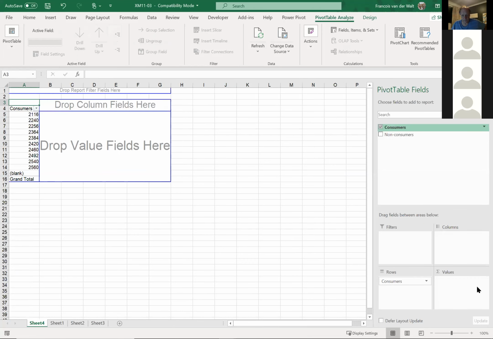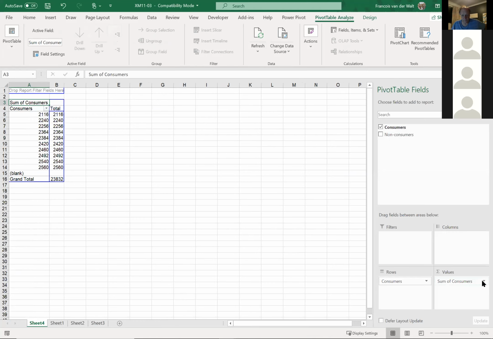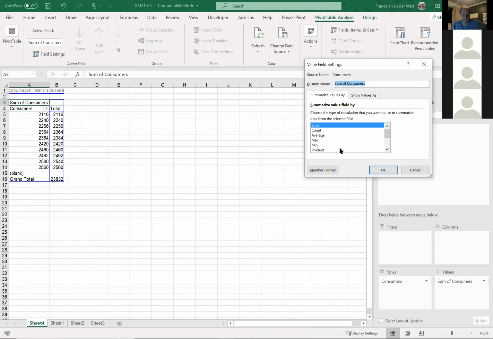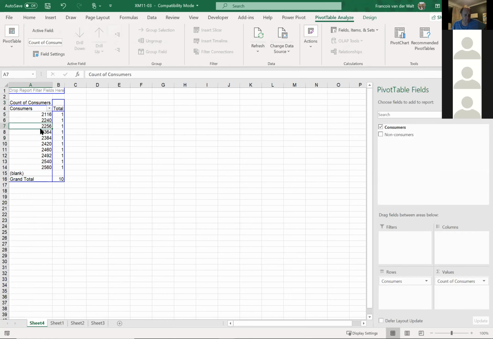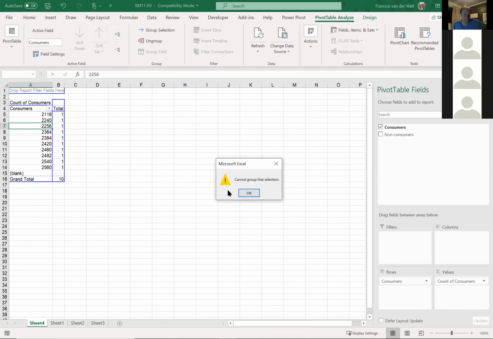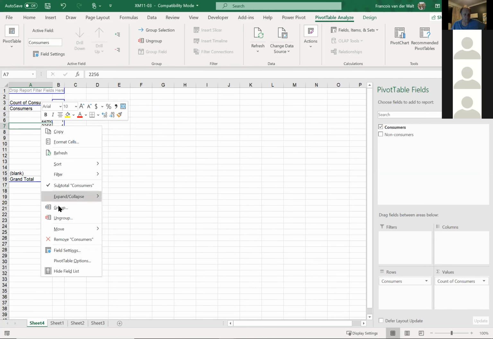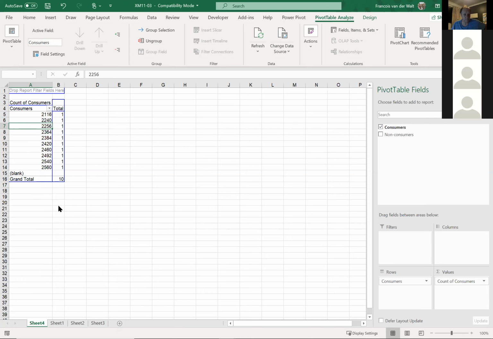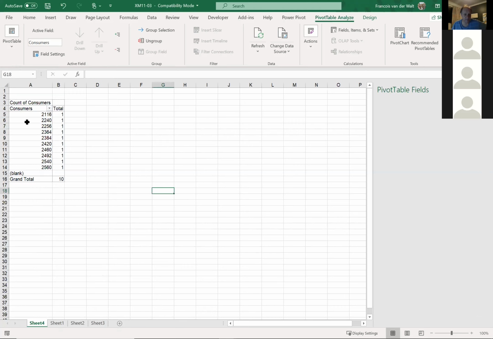And this needs to be changed to count, not sum. And we want to group this. Oh, come on. Now, why would Excel do that to me?